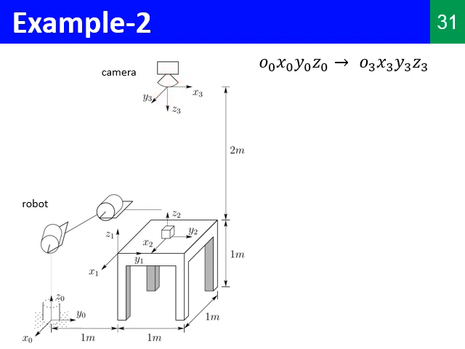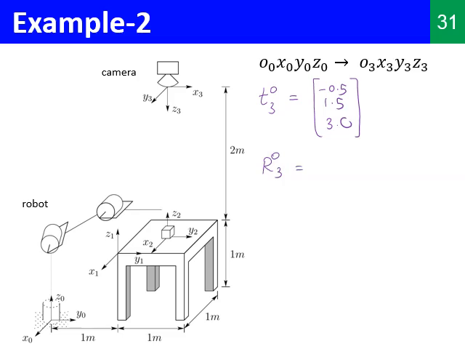Okay, so we can start by writing the translational vector T03, and from the figure you can see that the first element would be minus 0.5, the y element would be 1.5, and the z element is the height, which is 3 meters. Okay, next we need to write the rotation matrix R03.